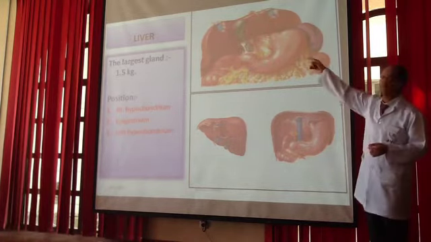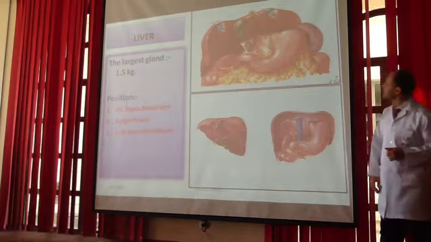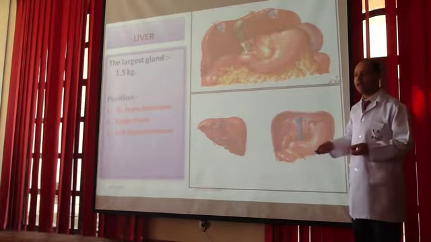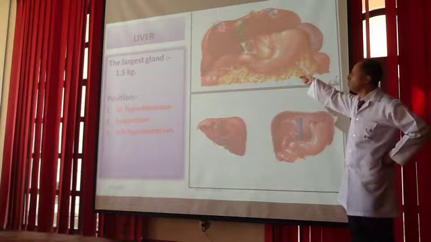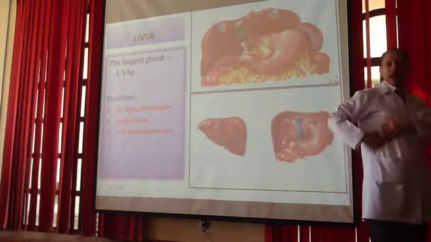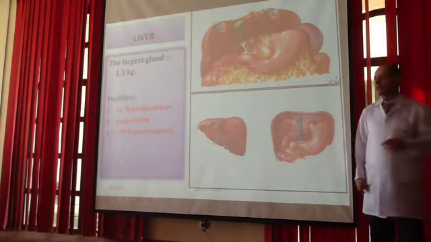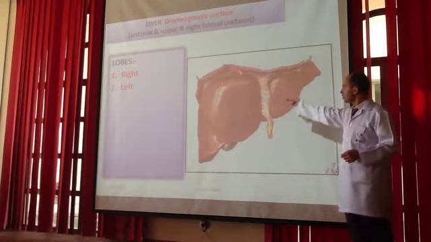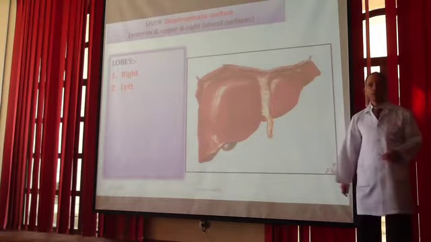Now we will shift to the liver. Liver, as we see, is the largest gland in our body, occupying the upper right part of the abdominal cavity, specifically the right hypochondrium. As we see, the liver has two major lobes.